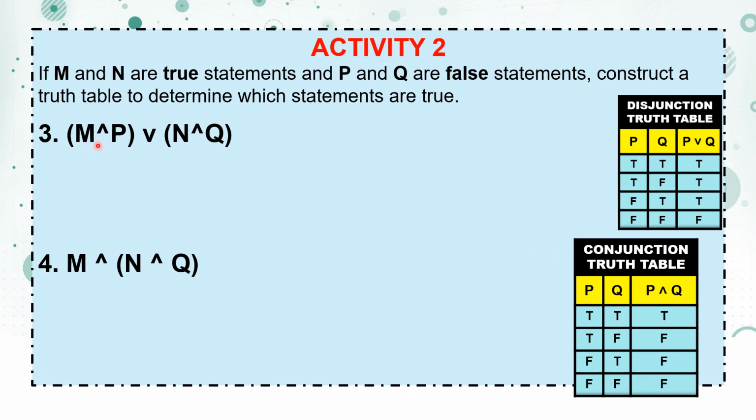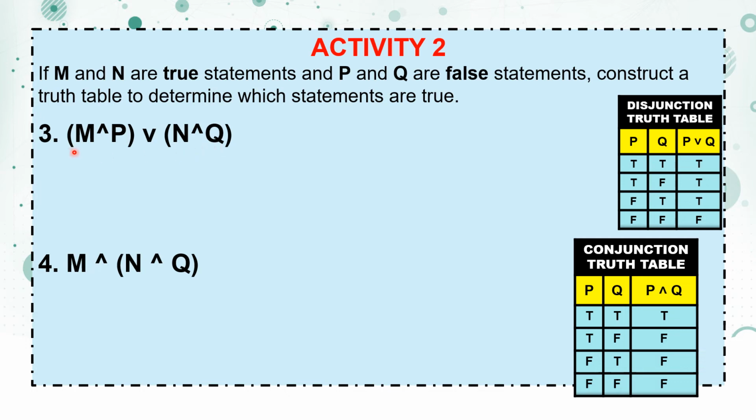So, M and P, N and Q. At yung symbol na to ay yung symbol naman ng ating disjunction, and it can be read as or. So we read again, M and P or N and Q.